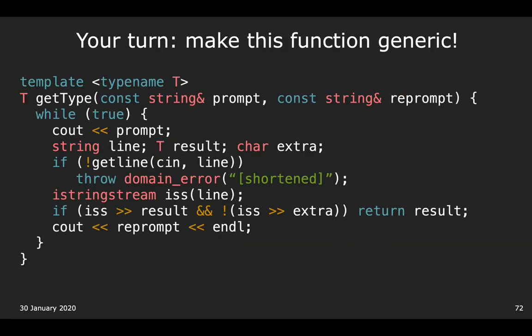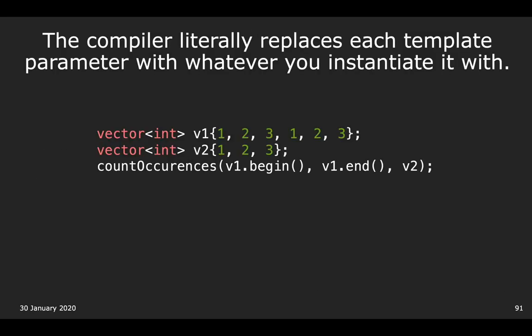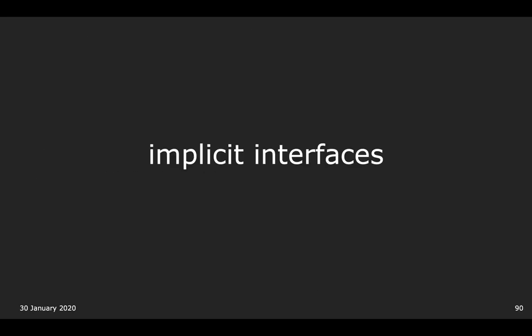Then we did some examples and turned some functions generic. I'm going to skip this because I'm going to talk about that again. What about implicit interfaces? Could anyone give a quick summary of what an implicit interface is? Anyone remember? Go ahead. The assumptions built into a function that you can define. Right, exactly. Inside the function, you're using your parameters in a certain way.